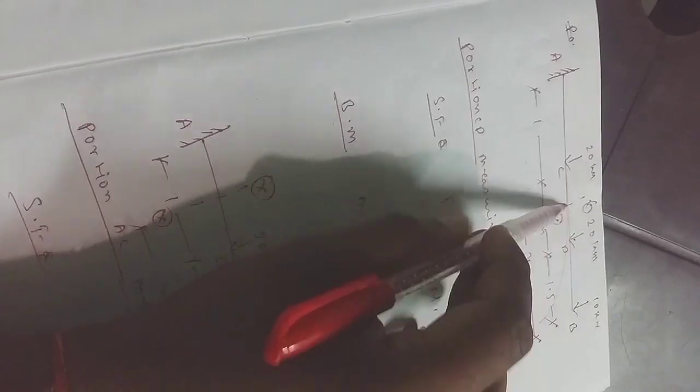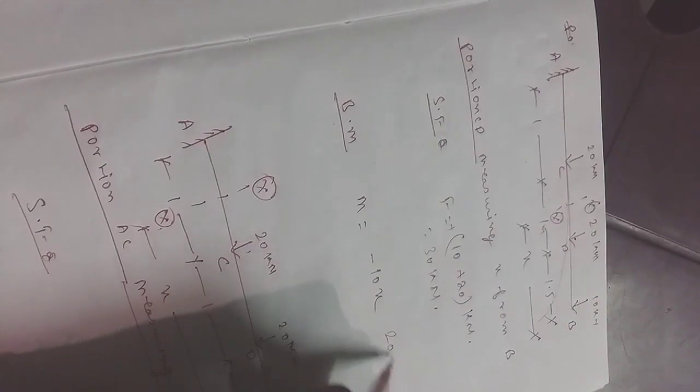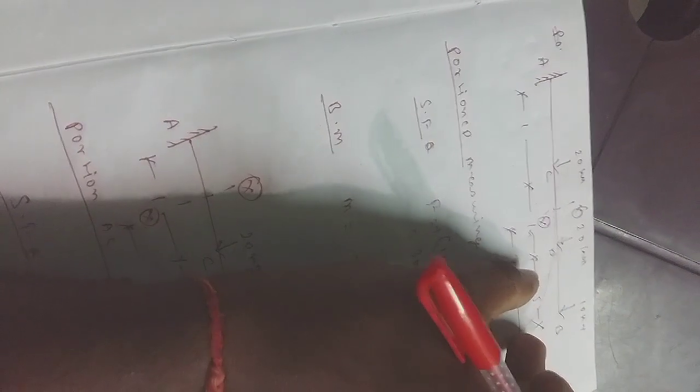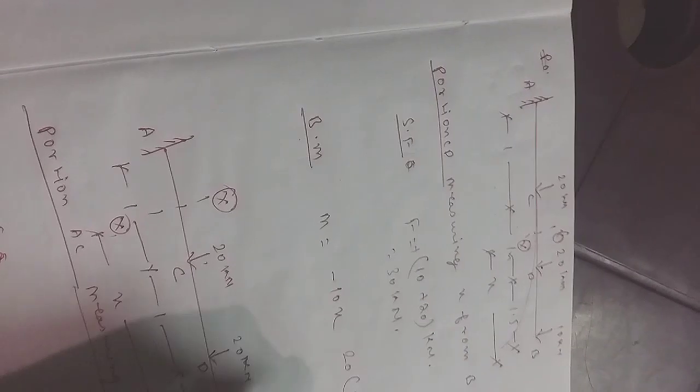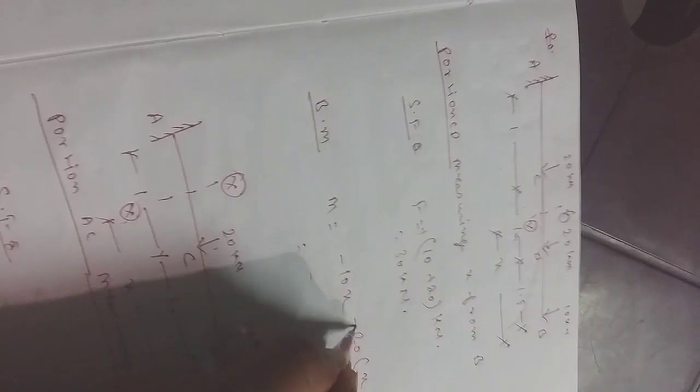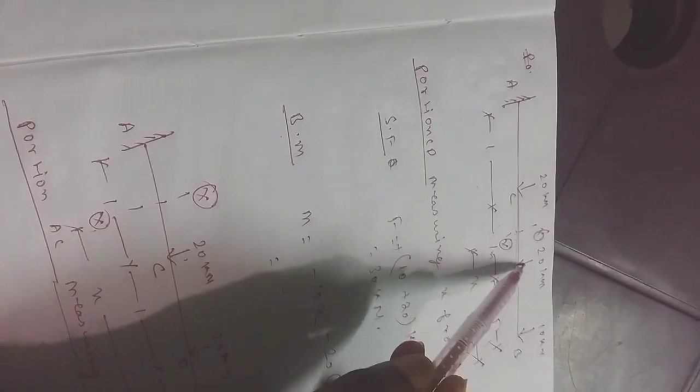Again for this one, 20 into this distance, so 20 into X minus 1.5 meters, if this is 1.5 meters. This will be minus again, because this will also be hogging bending, that's why I have given the minus sign.